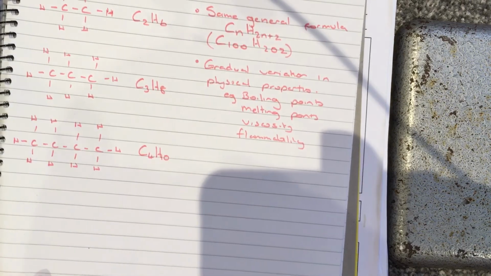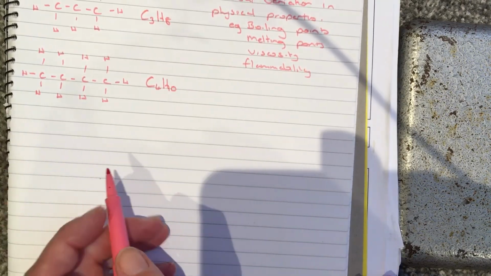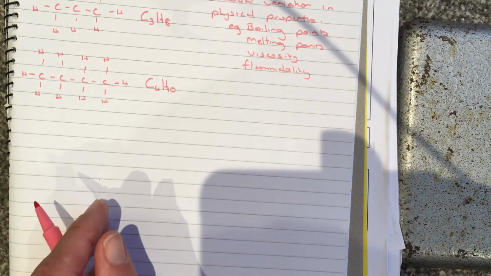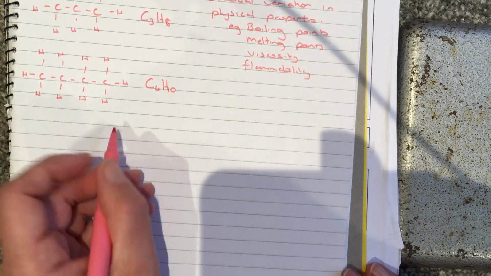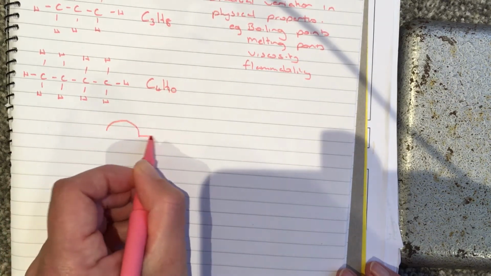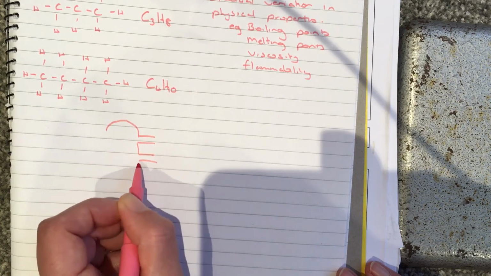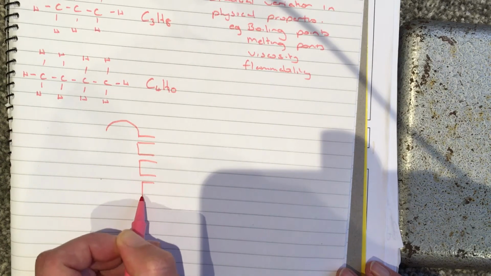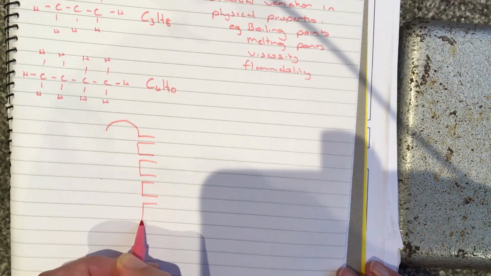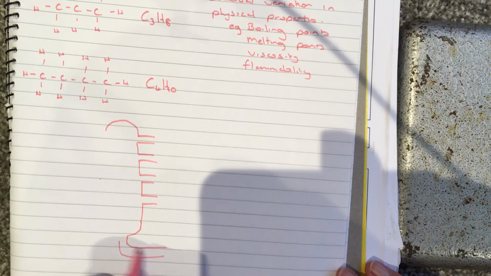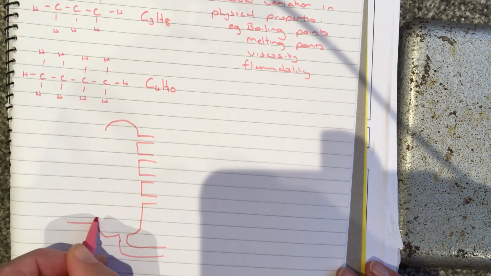When we are talking about these properties varying, if we relate it back to our fractional distillation column, I'm just going to draw a very basic column for you. It won't have all the different fractions on it. There you go.